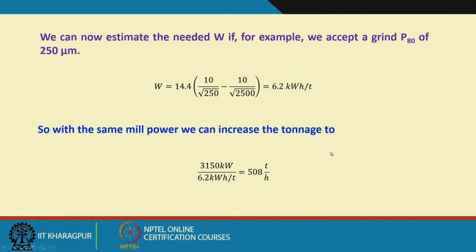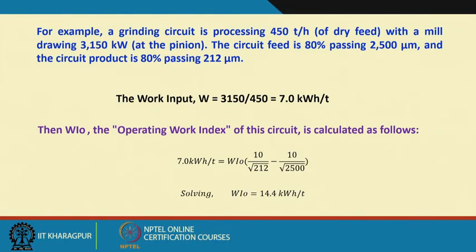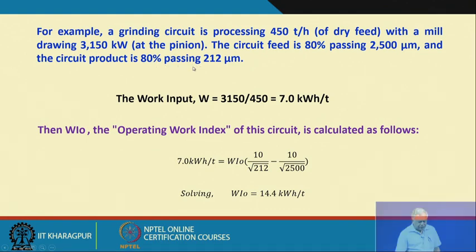We can now estimate the needed W if, for example, we accept a grind P80 of 250 micrometer. This is very interesting. Here we are saying that we are getting a circuit P80, that is your product 80% passing size, of 212 micrometer.